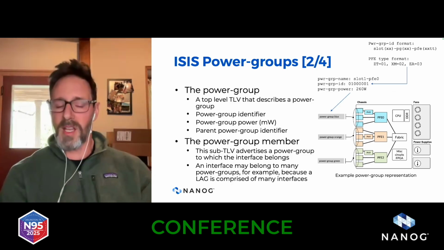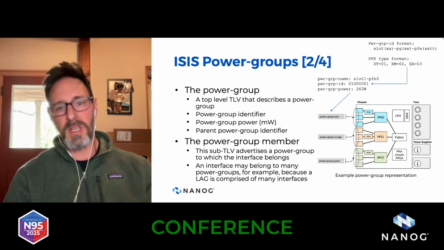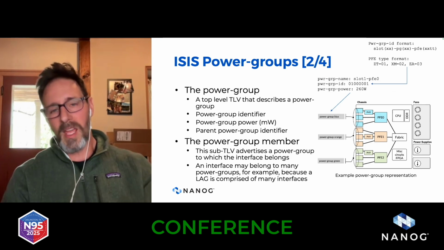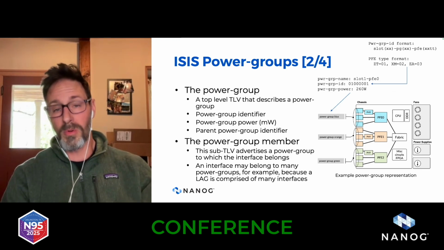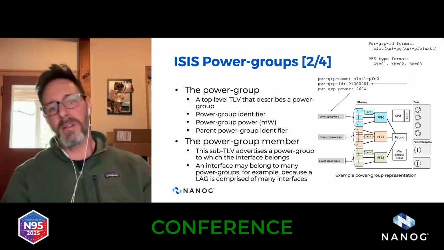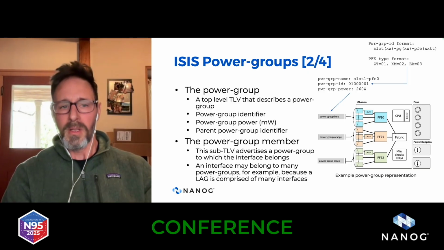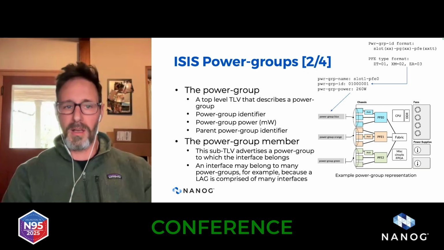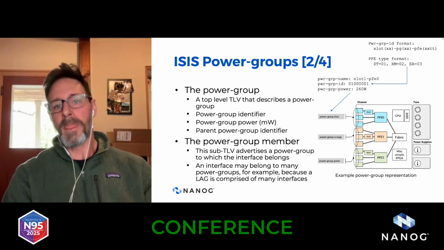If we dig into the example that I've depicted here a little bit, you can see that there is a local name. This is a construct in Junos we have for human readability. The group ID is what goes on the wire. Then, of course, the power value will also go on the wire. I'm not showing a parent identifier in this example.